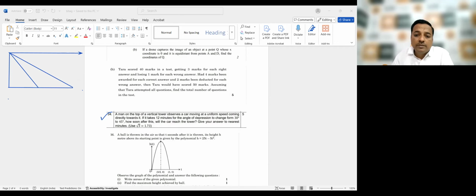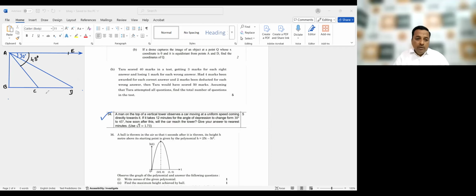Now our work starts. First this angle of depression is 30 degrees. After some time the angle changed to 45 degrees. Just give labeling A, B, this one is C, this is D, this one is E. Again the question is for 5 marks, so mention every single thing properly.